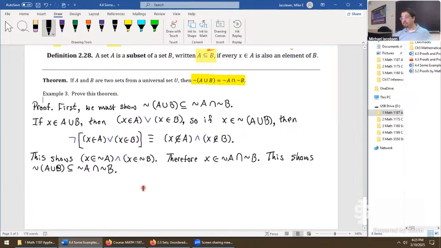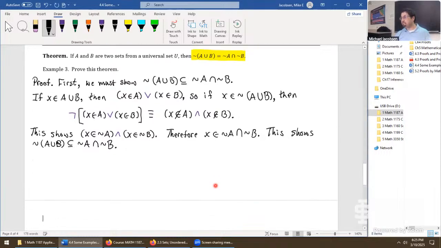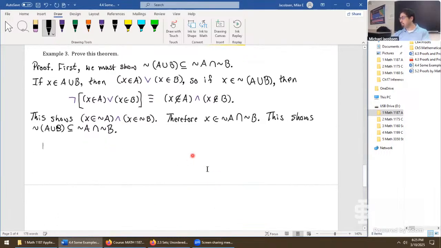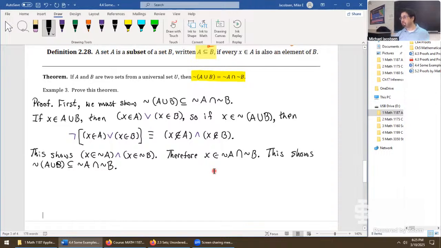Any questions at all, folks, with the forward direction, showing the subset relationship going one way? Okay, well, let's reverse this then. We want those subset relationships to go the other way.